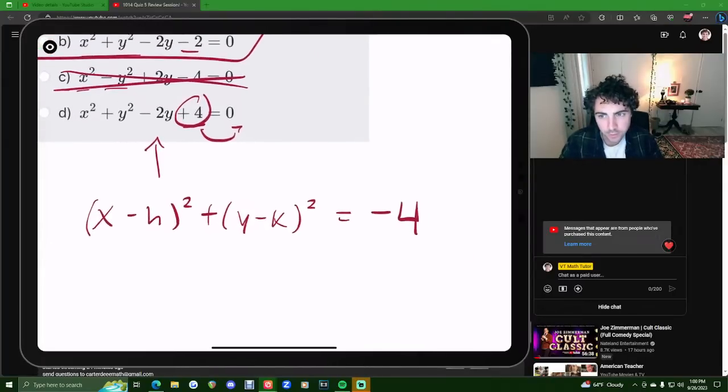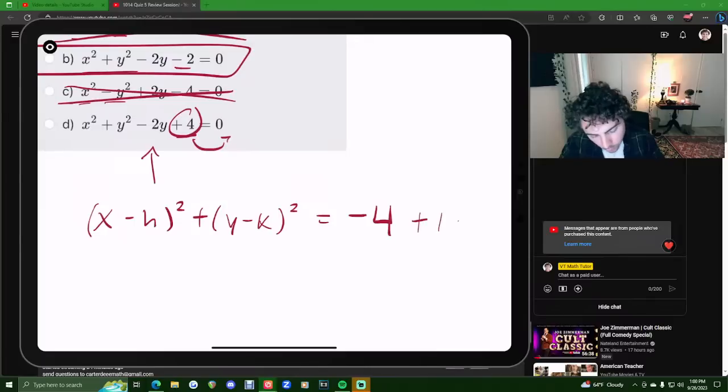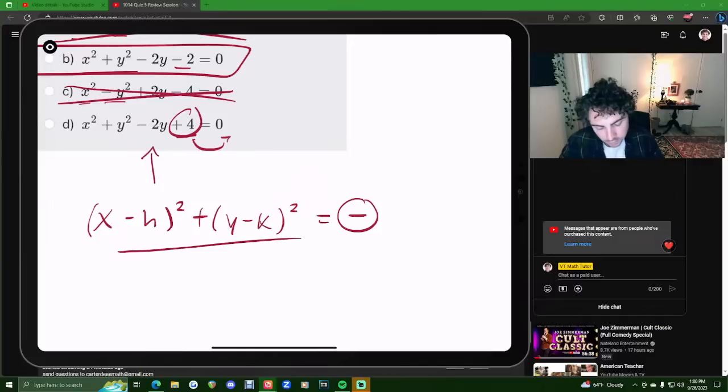And especially once you complete the square, you might even add a 1 or a 2 or something on top of that, but it's not going to be enough to make it a positive value. So the main idea is you would have this circle equal to some negative number. And that can't be the case when you're supposed to have an r squared. R squared would always be positive.